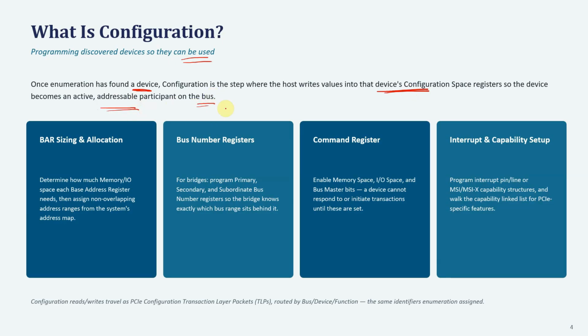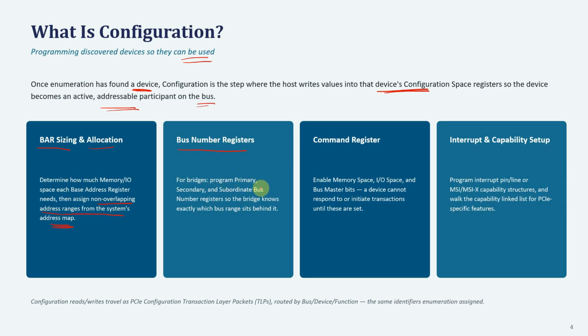Okay, so what is going to happen in the configuration? We are going to have the BAR sizing and allocation. BAR is nothing but base address register. In this step, we are going to determine how much memory or input output space each base address register needs, and then we are going to assign a non-overlapping address range from the system address map, and we are also going to allocate the bus number registers.